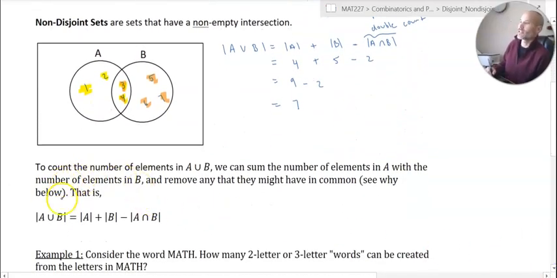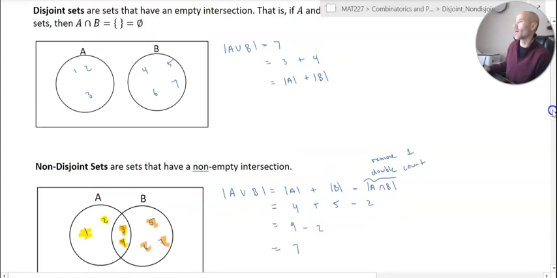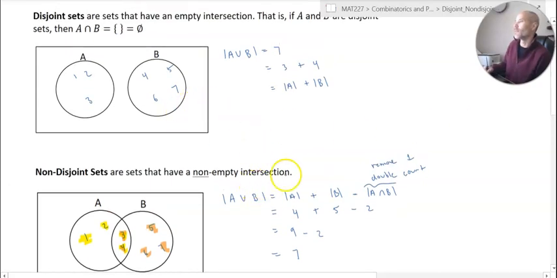In general, I like to just say, if you focus on the total number of elements between A and B as the number in A plus the number in B minus the number in both, you'll pretty much never go wrong with this. Because in some cases, like in the first example, if we applied this exact same formula, it's the number in A plus the number in B minus the number in A and B. The way that would look is 3 plus 4, but then there's nothing in common, right?